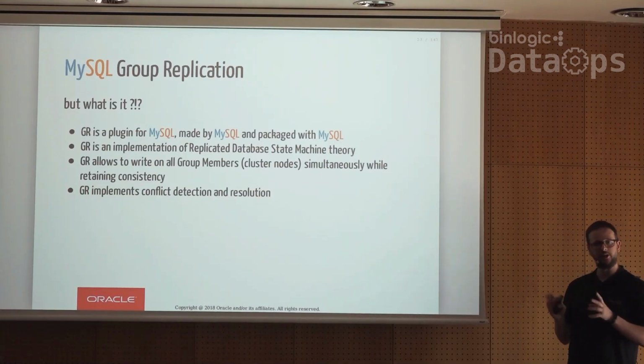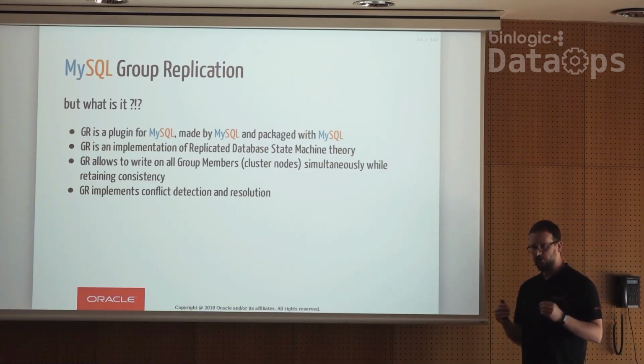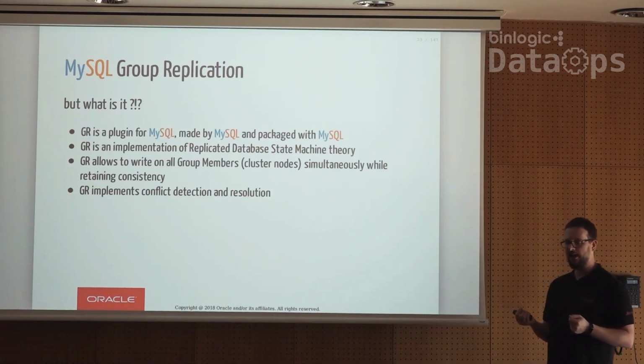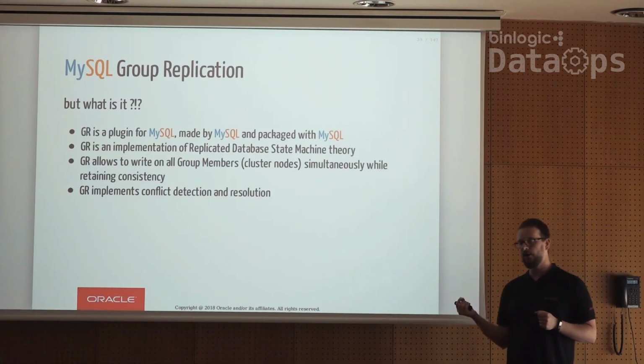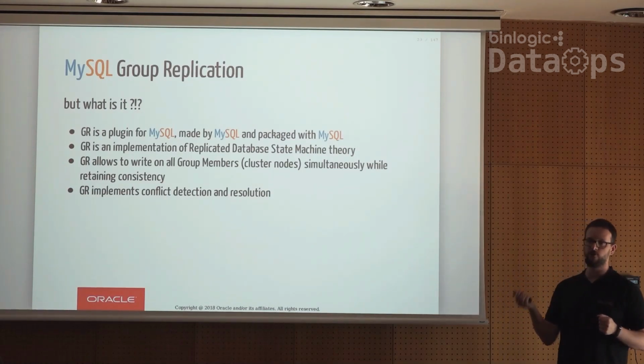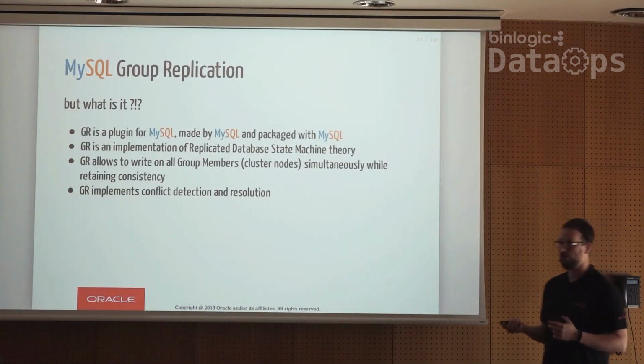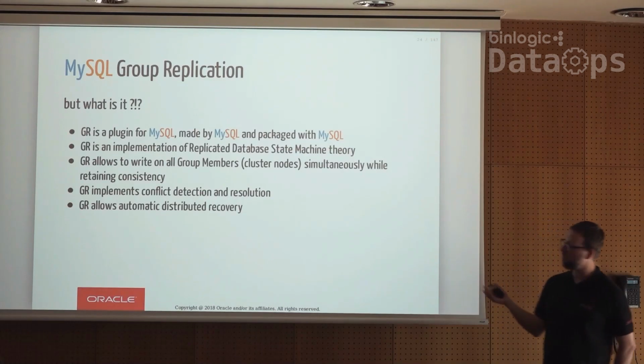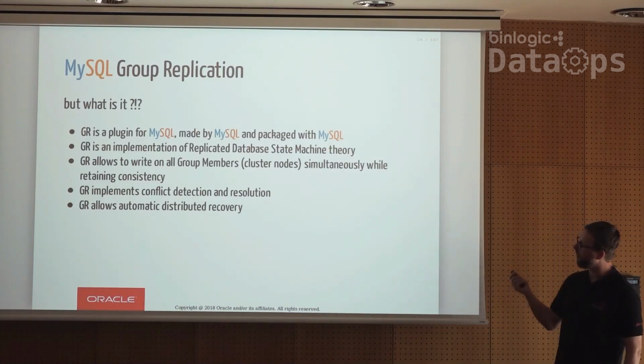Here, with group replication, it is not the case. When there is a conflict, it will see the conflict, and it will take a decision to resolve the conflict. And the decision is easy: the first one who has committed to the group will succeed, right? This is the only resolution we have, and it's exactly the same as the other implementation. You can have distributed recovery.